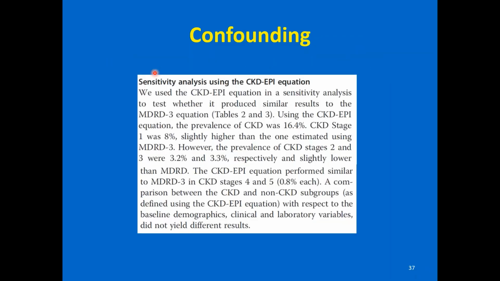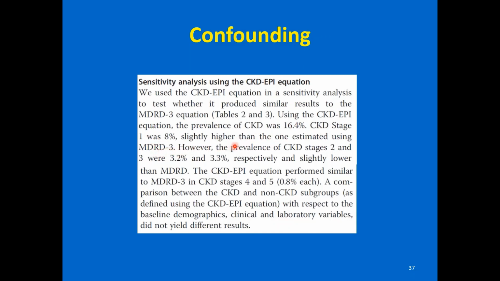So let's take a look at how I conducted the sensitivity analysis using the CKD-EPI equation. I stated in the methods section that we used the CKD-EPI equation in the sensitivity analysis to test whether it produced similar results. Using the CKD-EPI equation, the prevalence of CKD was 16.4%, and CKD stage 1 was 8%, similar to the one estimated using MDRD.